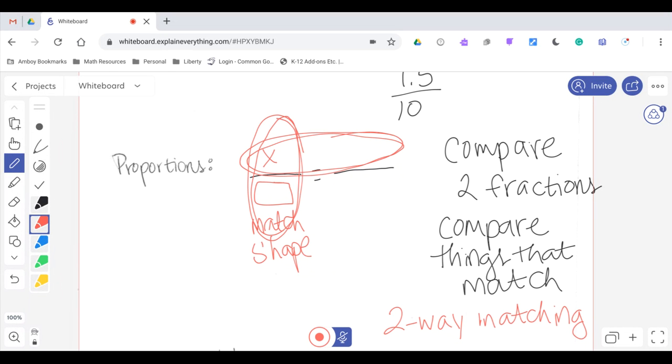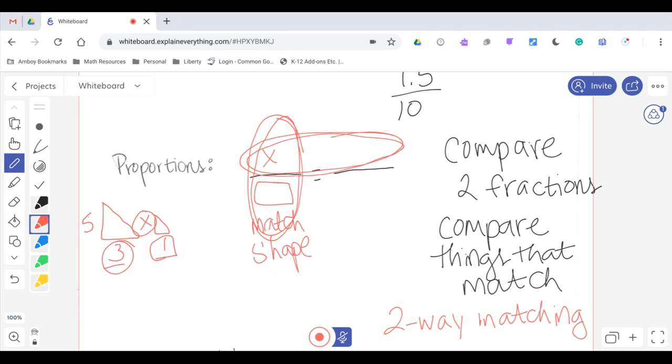Okay, so let's do a quick example. Let's say this was my proportion I was trying to set up because I'm trying to find what this missing side here is. I could write my proportion one of two ways. I could set up a fraction where I have 3 and 1 be a fraction together because they are matching sides.